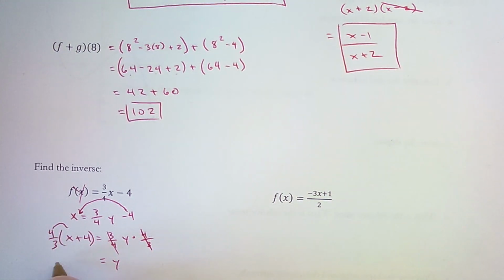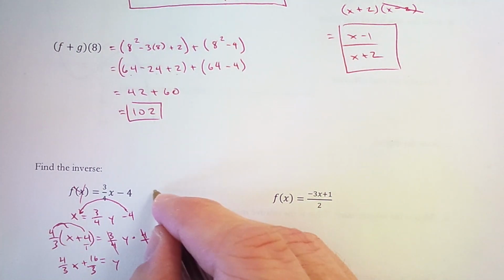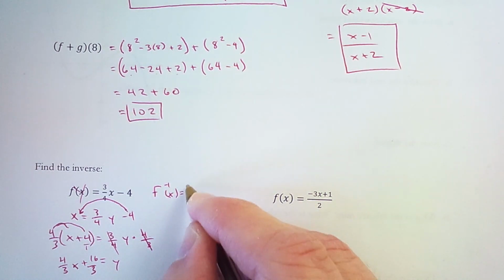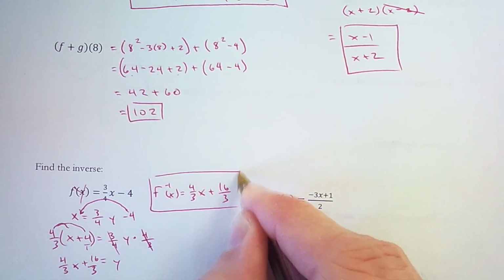So 4/3 times x is 4/3 x. And 4/3 times 4, that's 4 over 1. That's 16 over 3. Okay, now I'm going to write the inverse in function notation. So that's f inverse of x equals 4/3 x plus 16/3.